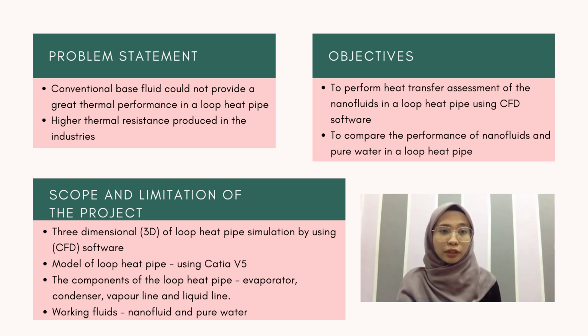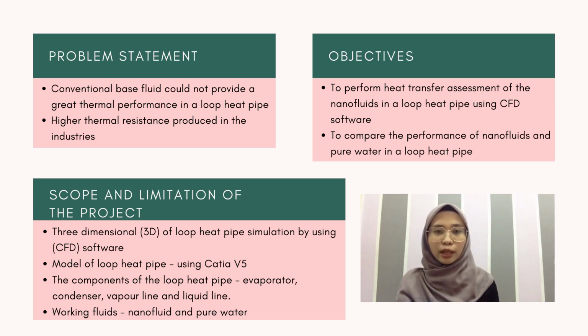So the objectives of this present study are to perform a heat transfer assessment of the nanofluids in a loop heat pipe using CFD software, and to compare the performance of nanofluids and pure water in a loop heat pipe. For the scope and limitation of the project, this present study will focus on a 3D loop heat pipe simulation using CFD software.